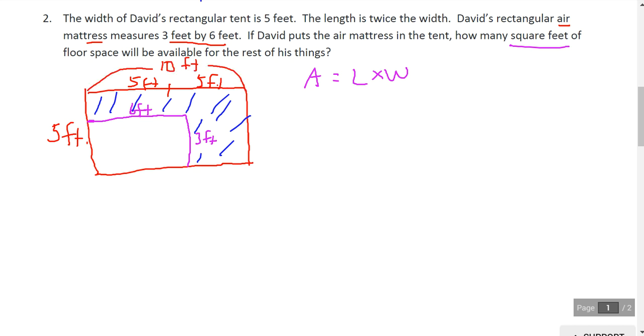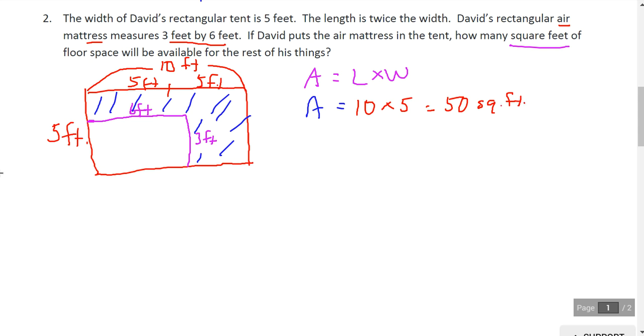So what's the whole area of the tent? The area of the tent is going to be 10 times 5. That's going to equal 50 square feet.